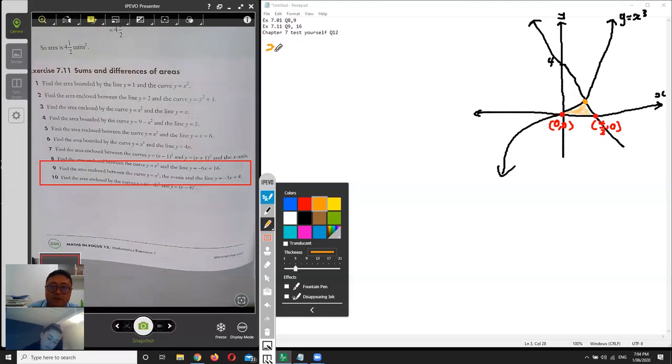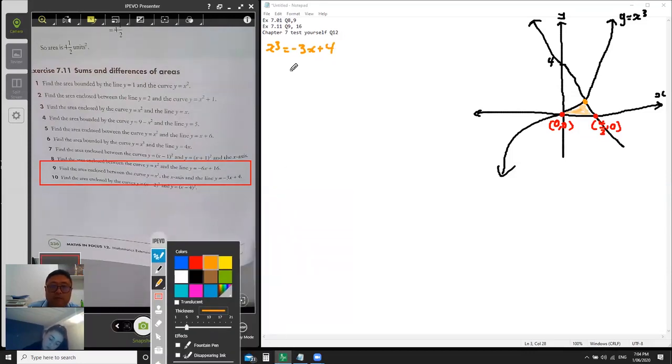So it'd be x cubed equals, is it minus 3x plus 4? Yeah. Yep. So let's work that out algebraically. Okay, so it's x cubed plus 3x minus 4 equals 0.